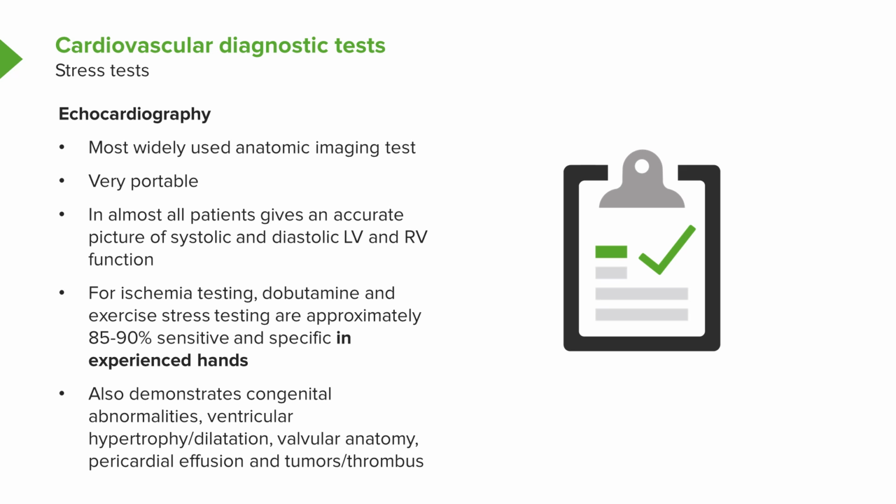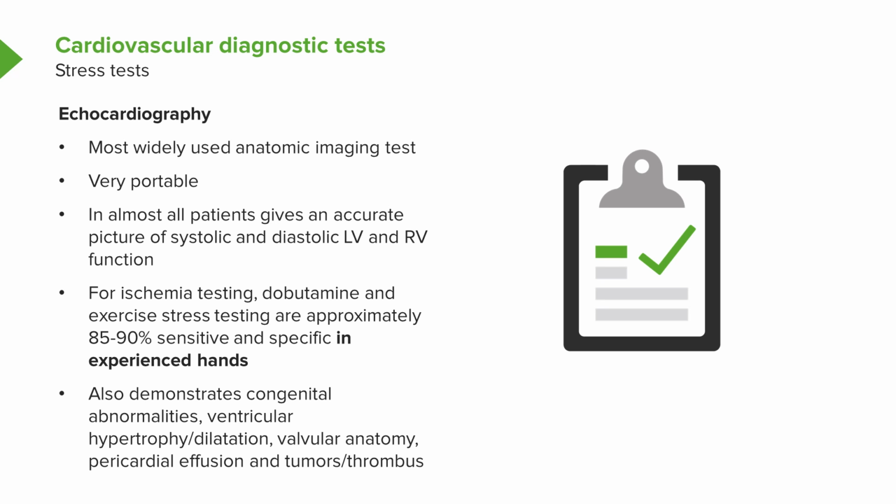Now, of course, there are other tests that can be done with exercise or sometimes with drugs to stress the heart to bring out ischemic heart disease. One of these is the echo. When the heart doesn't get enough blood flow, of course, we talked about this before, it doesn't contract well.